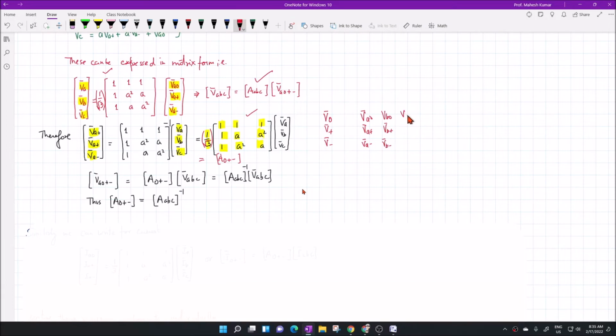Then you have BC0 and BC plus and BC minus. Rather than that, using this, we say there is a V0 which takes care of the energy of all three components. There is a B plus which takes care of the energy content of BA plus, BB plus and BC plus. And then B minus which takes care of the energy content of BA minus, BB minus, BC minus.